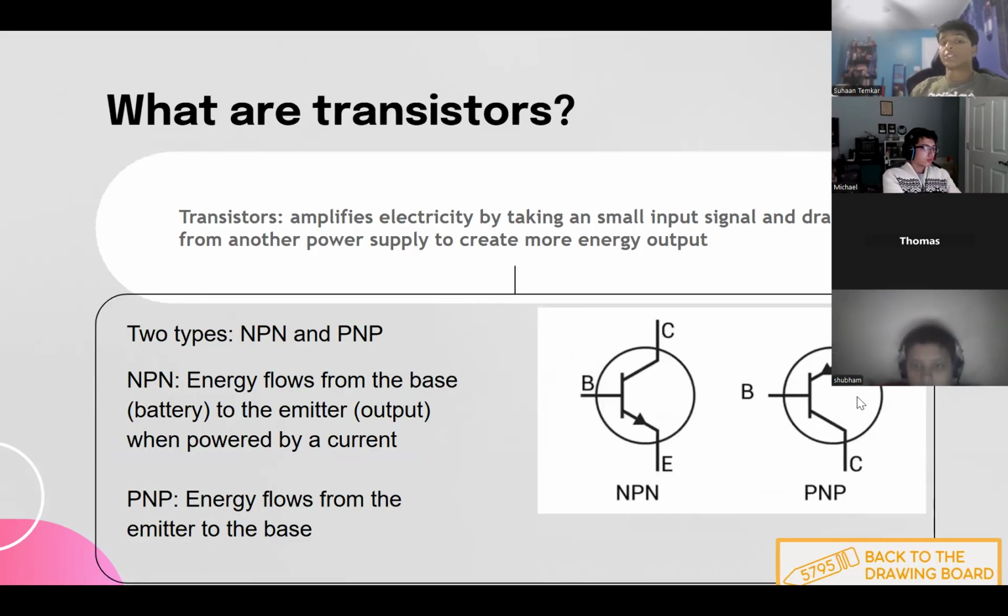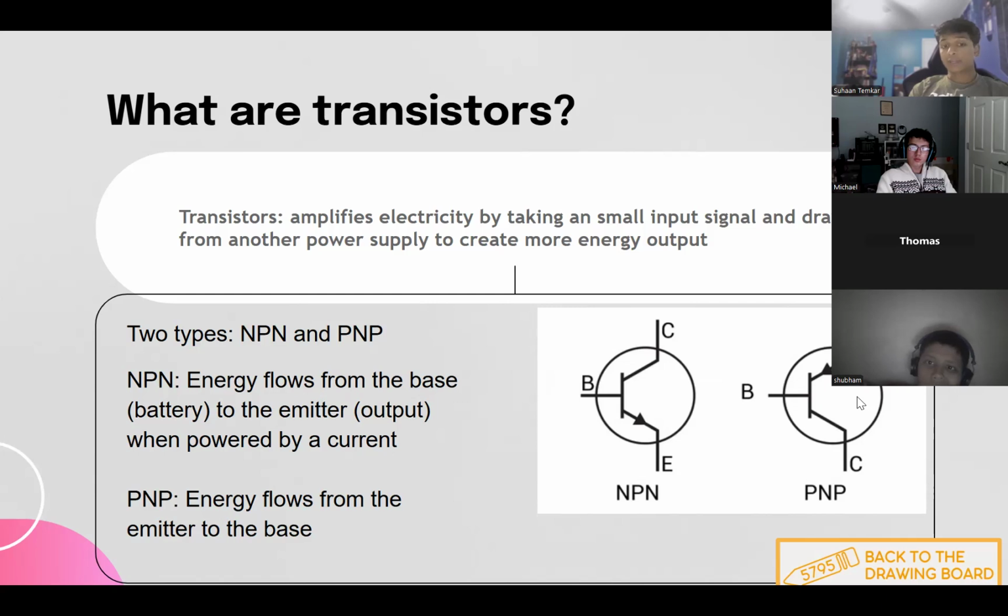Okay, so what are transistors? Transistors amplify electricity by taking a small input signal and drawing from another power supply to create more energy output. There's two types of these transistors. The first one is called NPN, and the second one is called PNP. They're very similar. You just need to make sure to differentiate between the two. In NPN, energy flows from the base, which is the battery, to the emitter, which would be the output, when powered by a current.